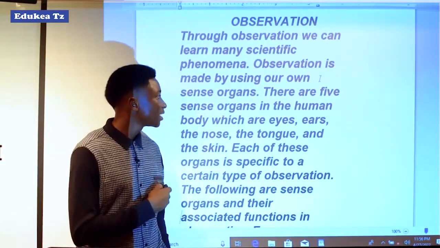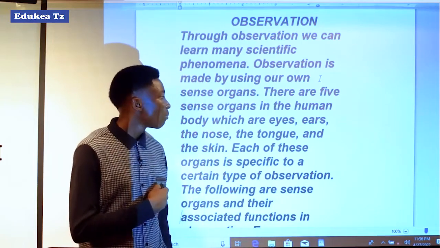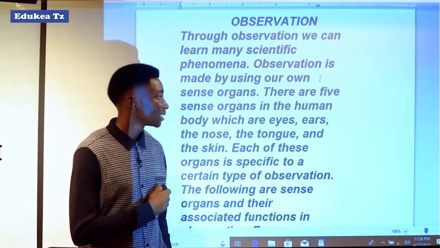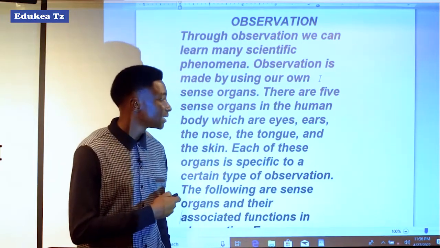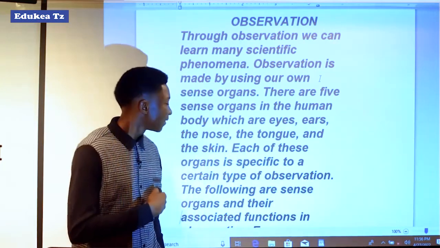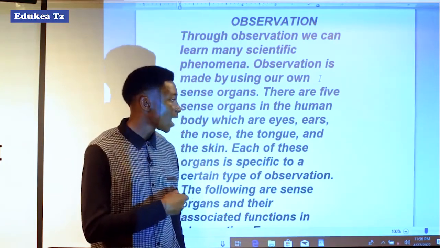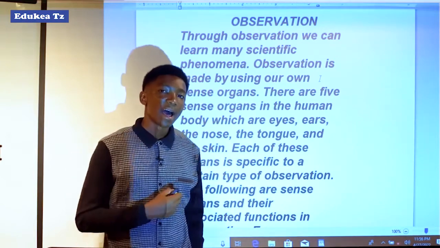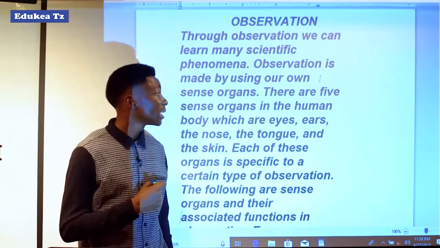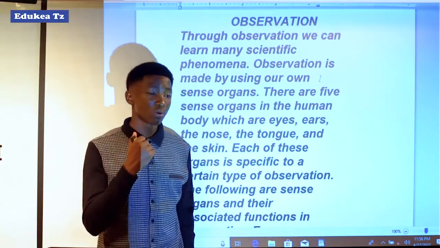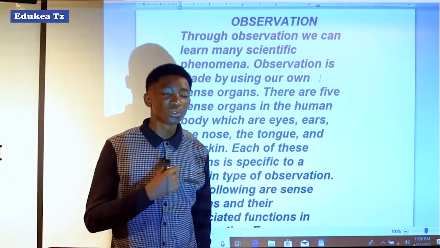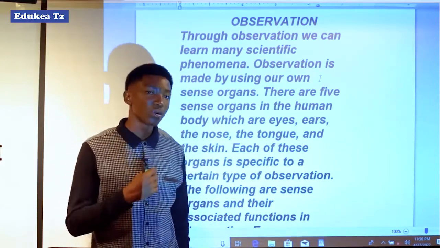There are 5 sense organs in the human body. First is the eyes, second the ears, then the nose, the tongue, and the skin. These are the 5 sense organs which you should know and understand, and you should know their functions.